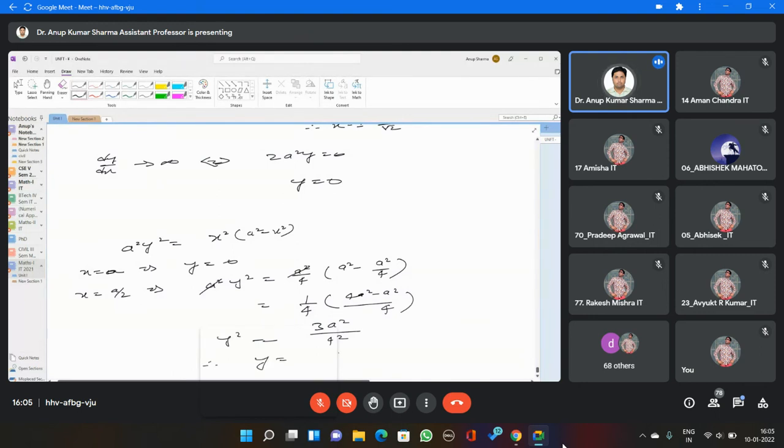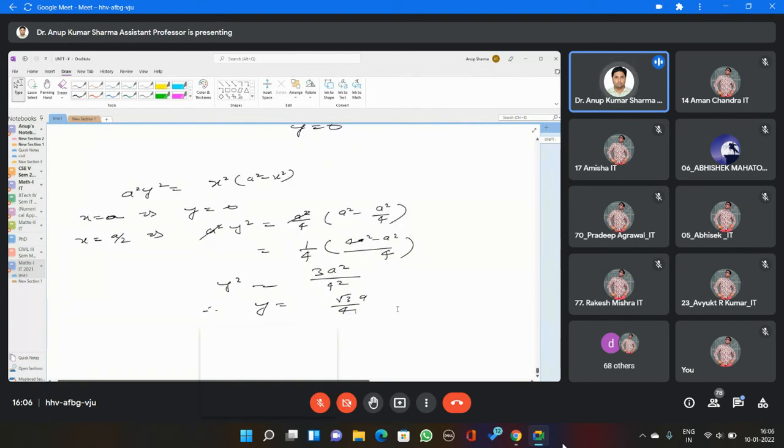Therefore y is equal to root 3 upon 4, meaning a by 2. Similarly, when we take x is equal to a by 4, we will have a value like that.